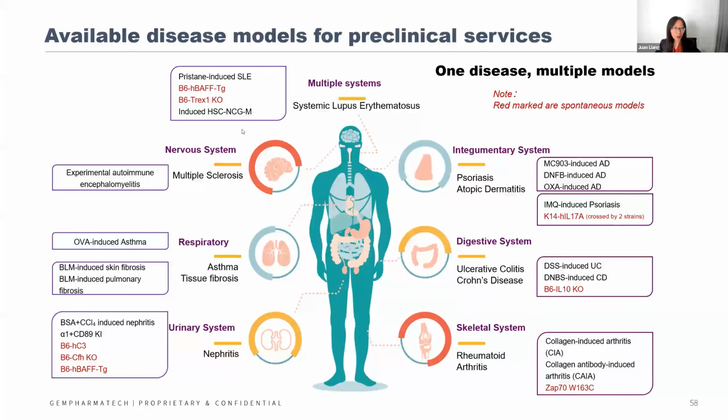Besides the SLE model I have introduced, we also generate several different autoimmune disease models, like psoriasis model, atopic dermatitis model, UC model, CD model, also asthma models and EAE models. For each disease, we have generated multiple different models with distinct pathogenic mechanisms. So this will be very helpful for drug efficacy study.